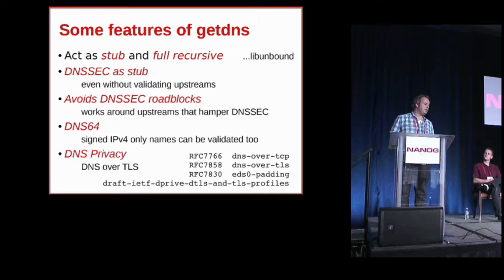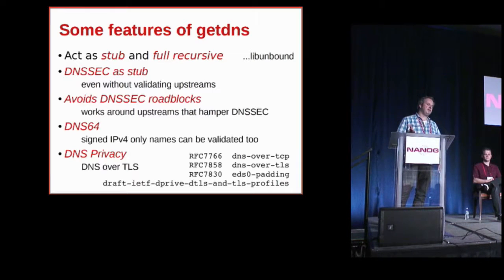What used to be quite unique about getdns is that it can do DNSSEC validation while acting as a stub resolver. Currently, there are actually 2 more stub resolvers that can do this. But what is unique about getdns is that to do DNSSEC validation and stub resolution, your recursive resolver has to be DNSSEC aware.